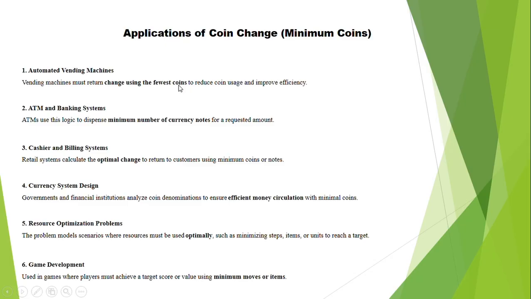We cannot put it inside our pockets easily and it will cause weight. Or it can give us a single 30 rupees note, which is easy for it to manage and for us to manage. We can also use it in ATM and banking systems, cashier and billing systems, currency system design, resource optimization problems, and the final one, game development.